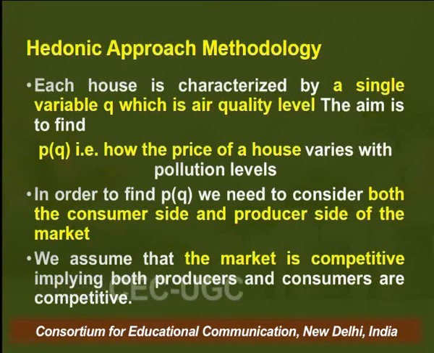The aim is to find out the price related to that Q, environmental quality. How to find out that price? The price of the house will convey a lot of things. The price of the house varies with the pollution levels. In order to find PQ, the price of environmental quality, we need to consider both the consumer side and the producer side.